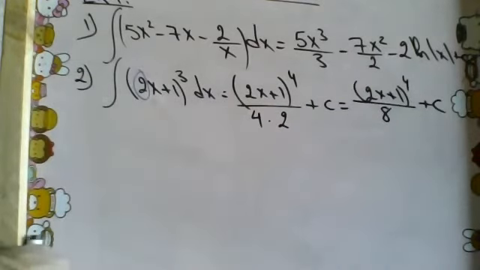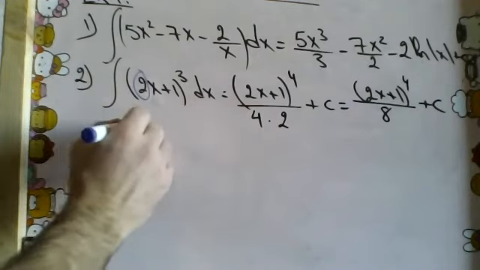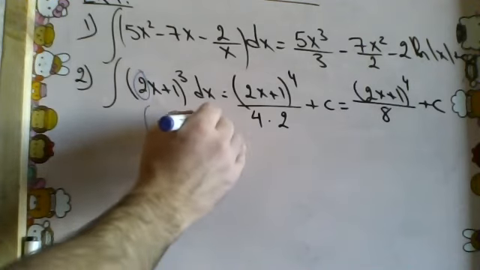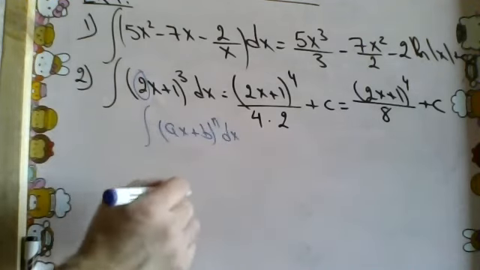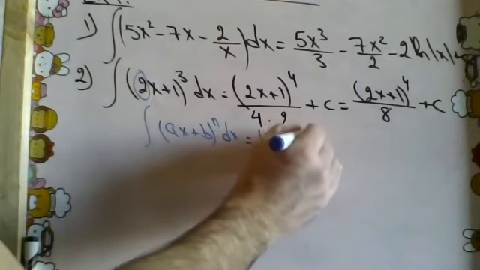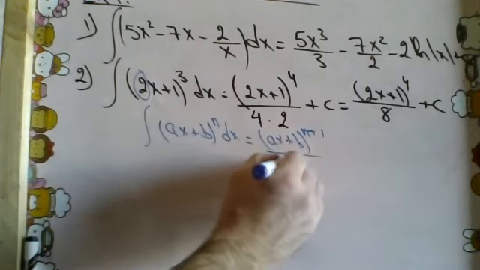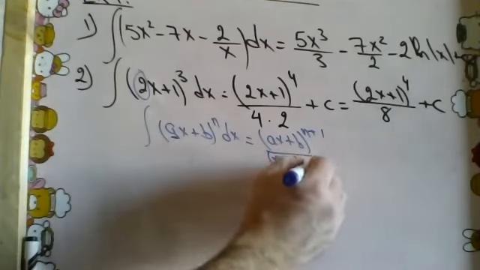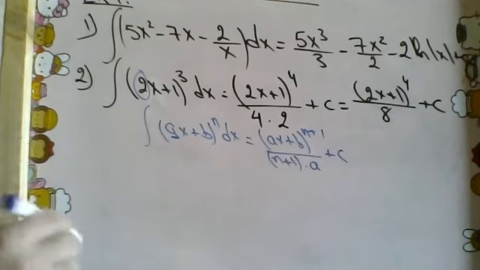To remind you to write the rule. What is the rule? Integral of ax plus b to the power n dx is ax plus b to the power n plus 1 over n plus 1 and multiply by the coefficient of x, so times a plus constant c.